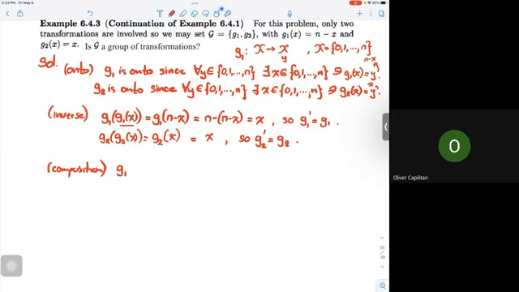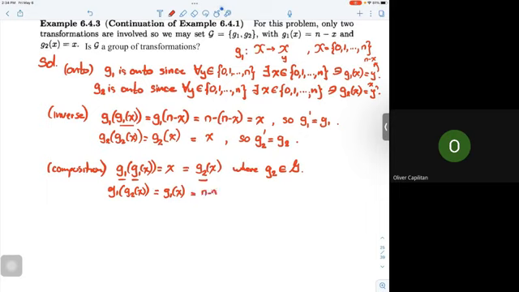say g1 of g1 of x. Okay, we already know this is equal to x. But this x is equal to G sub 2 of X. So the composition of these two, G1, G1, is G2, which is also an element of script G, where we know that G sub 2 is an element of script G. Next, G1, G2 of X. So this is equal to G1 of X. But what is G1 of X?